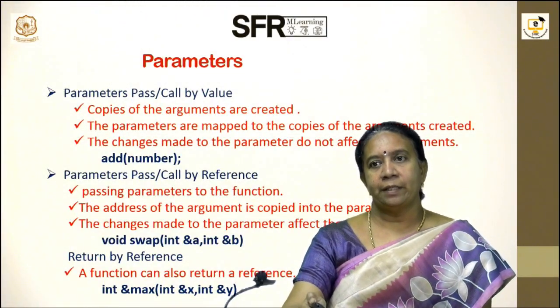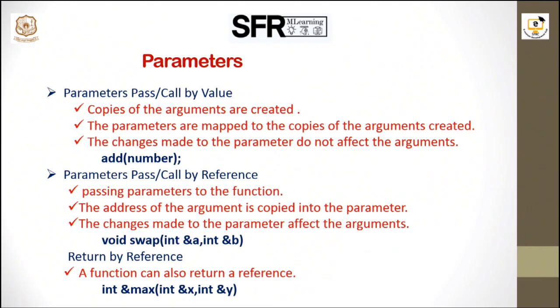Here are some parameter types. The first one is the parameter passed by value, or called by value. Here the parameter receives the actual value of the argument.